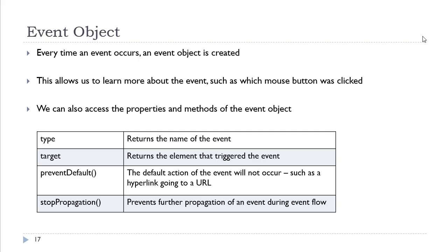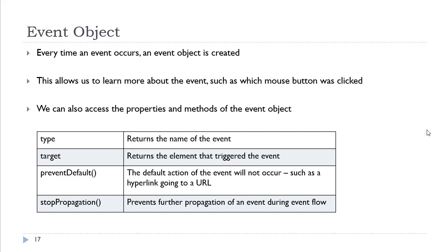By creating that object, we can learn more about the event, such as which mouse button was clicked, such as which element triggered that event. There are also many properties and methods of the event object which we can access using the event object. We can find out the name of the event, the element that triggered the event.